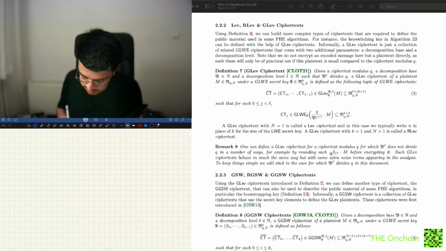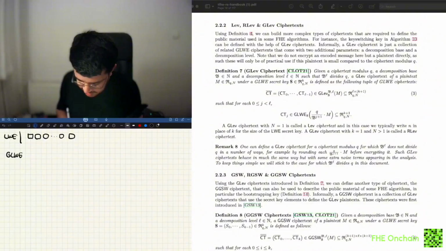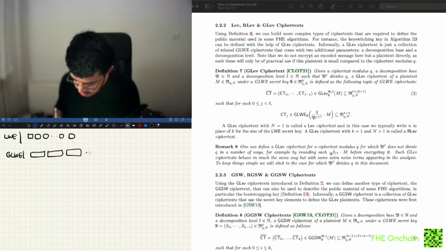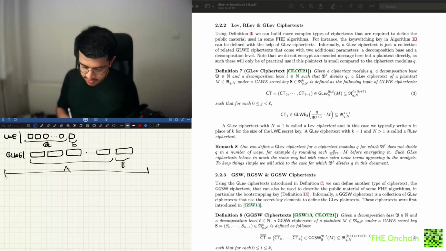If we assume that normal learning with errors ciphertexts look like this, these are all regular numbers, and GLWE ciphertexts are each polynomials, and these are A, B. In this case, how would a GLev ciphertext look?